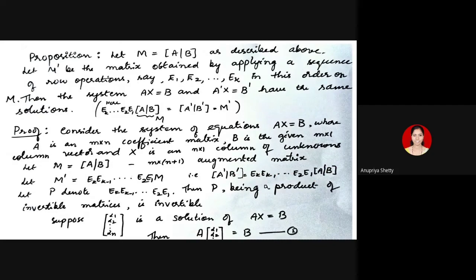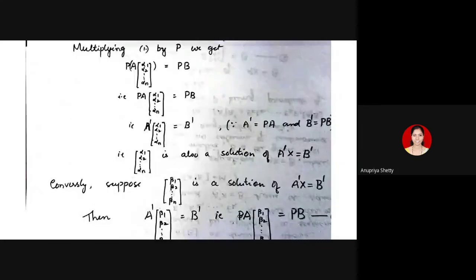So we will replace A dash and B dash, and this product is called as what? It is P, right? So A dash is nothing but P into A, B dash is P into B. Keep that in mind.